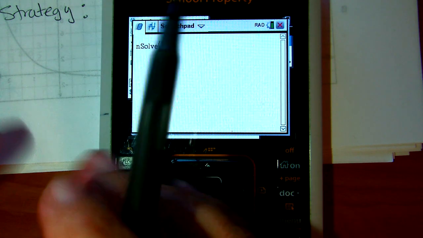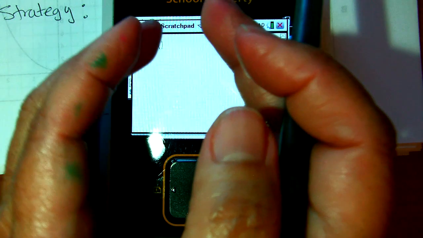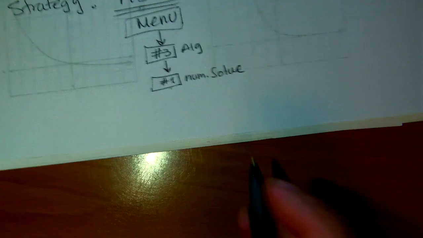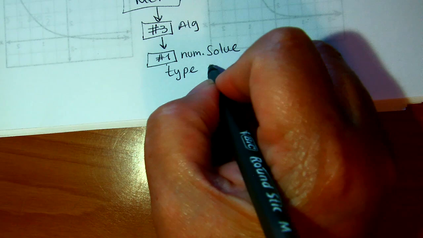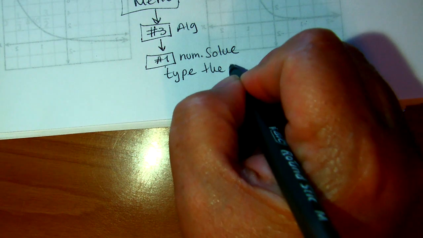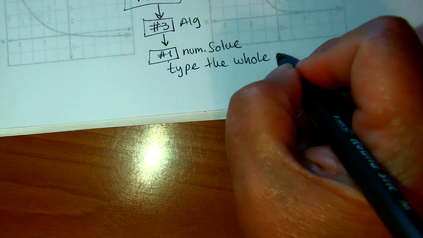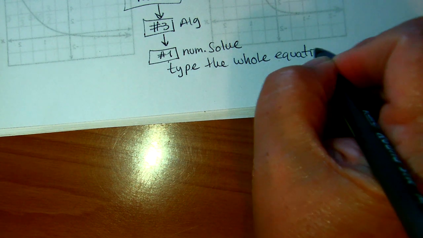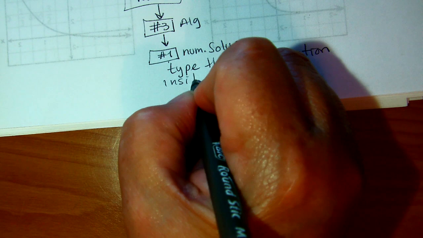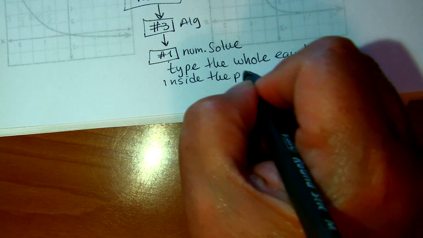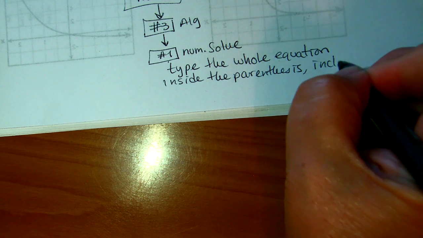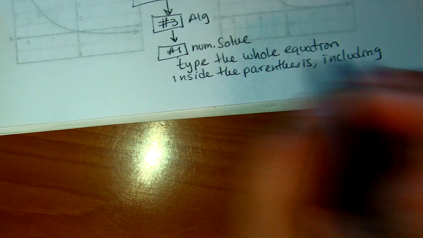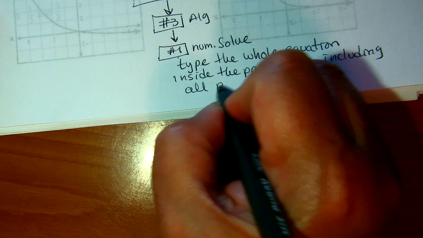And you have a parenthesis. So inside the parentheses, you have a parenthesis. Inside the parentheses, you're going to type this whole expression right here. So type the whole equation inside the parentheses, including all parentheses.